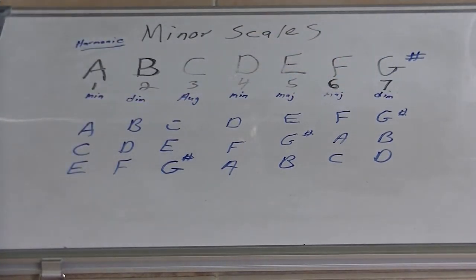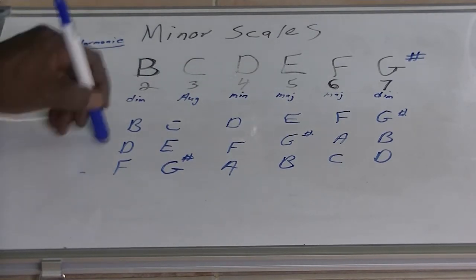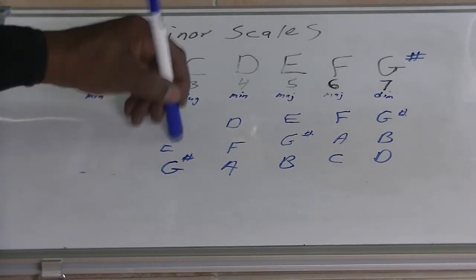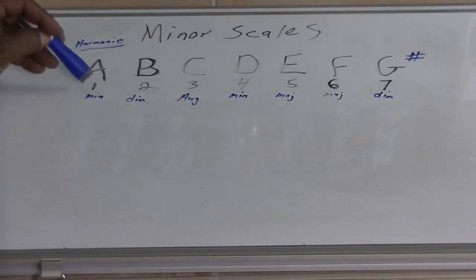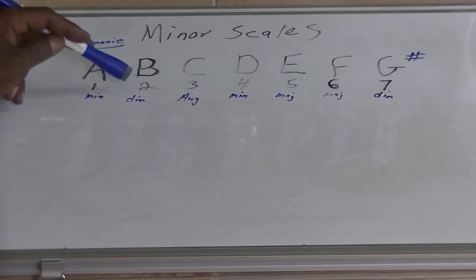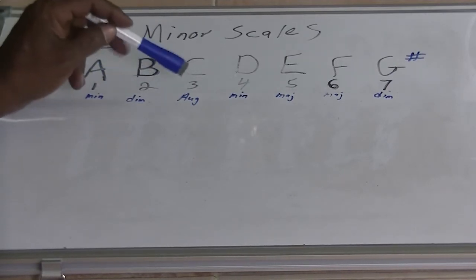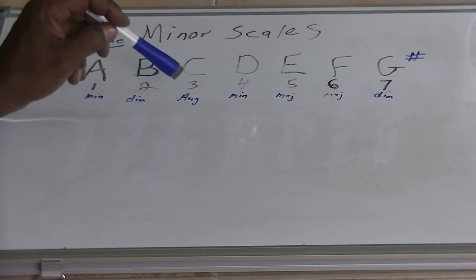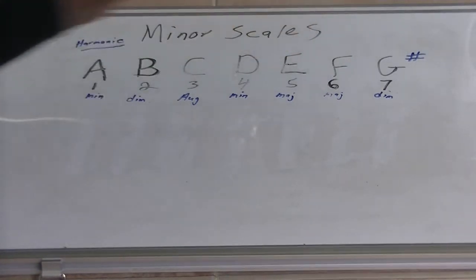So now when we take a look at what we have, there have been some changes. The 1 chord is still a minor chord, and the 2 chord is still a diminished triad. The 3 chord, however, has now become augmented because of the G sharp note.